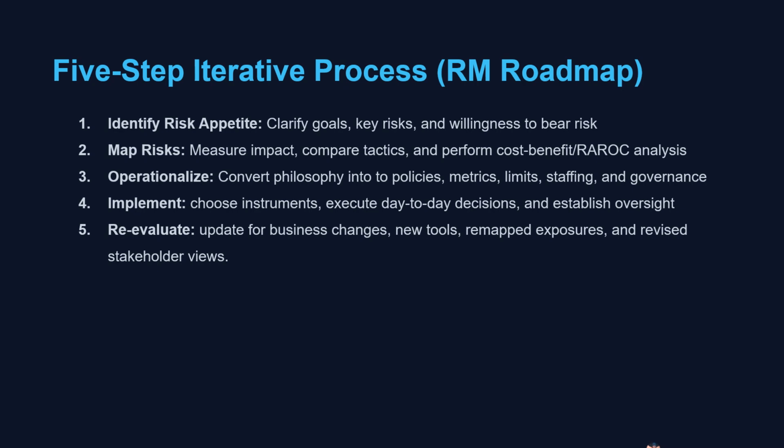Step number 4, implement. Select proper instruments, execute day-to-day decisions, and oversee positions. Step number 5, re-evaluate. Markets, tools, and business change, so your approach should change. Think of this as a loop, not a line.